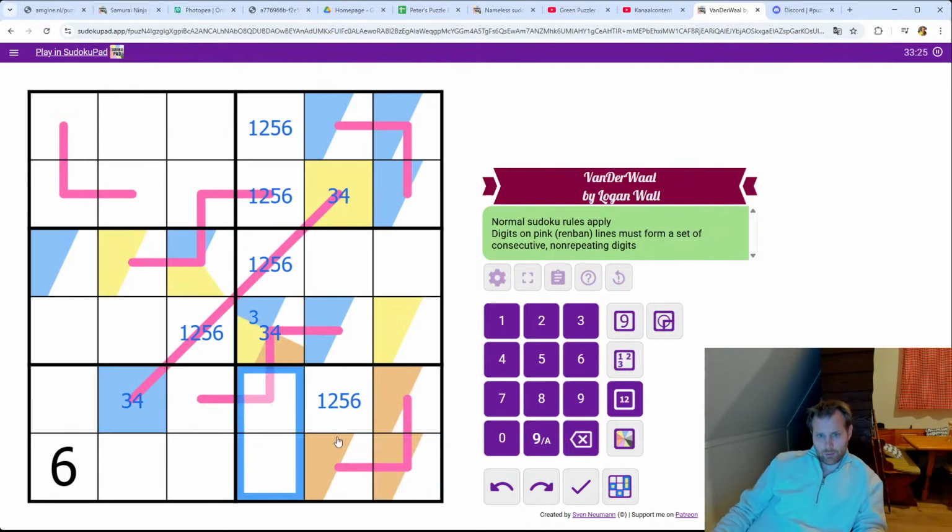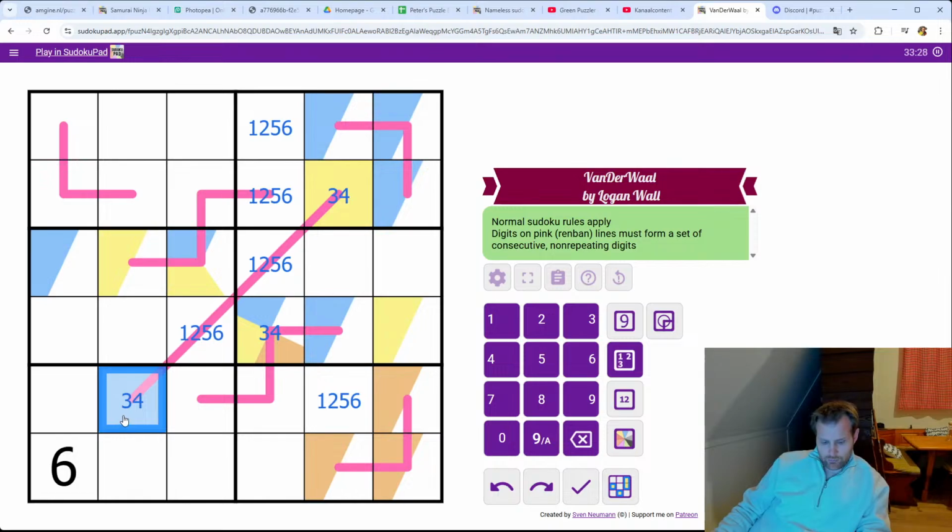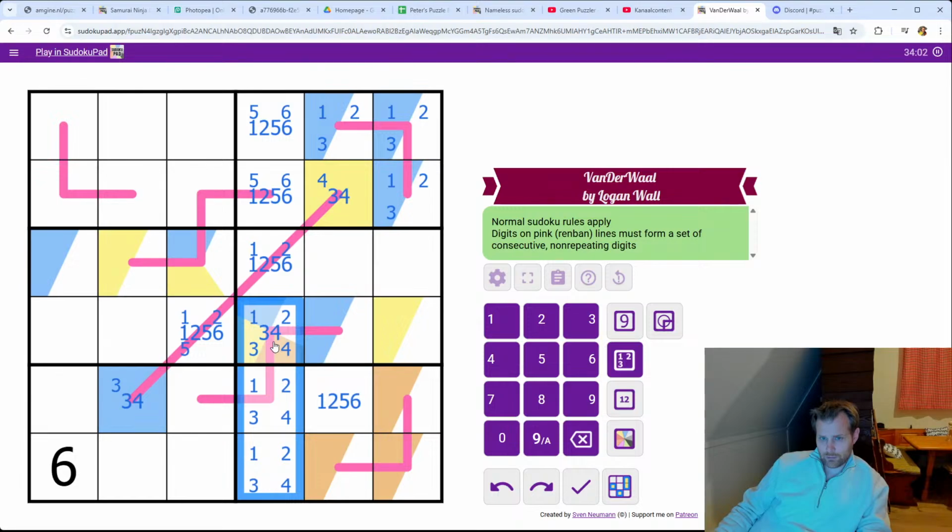Okay, I'm going back again. If blue is free, box 2 candidates are 1, 2, 3. That's a 4. That's 5, 6. This is 1, 2. This is 1, 2, 5. This is 1, 2, 3, 4.